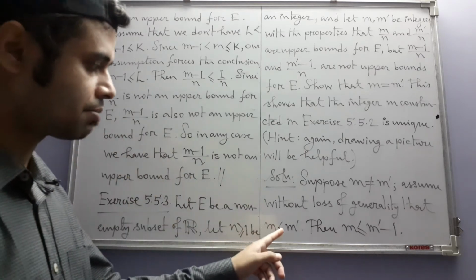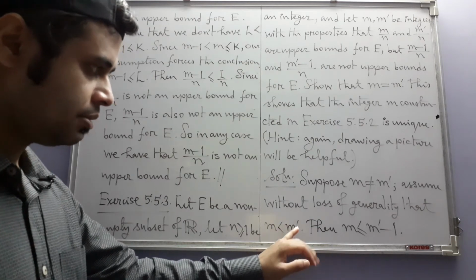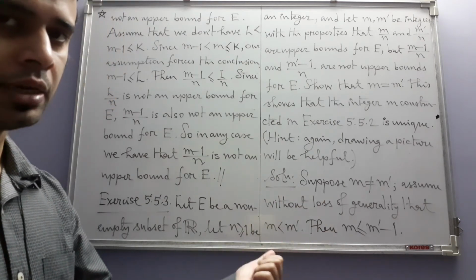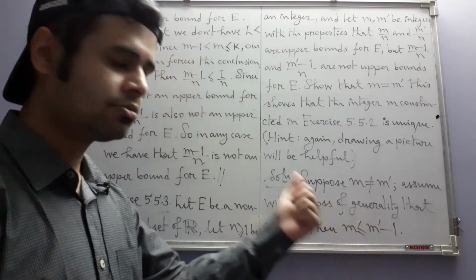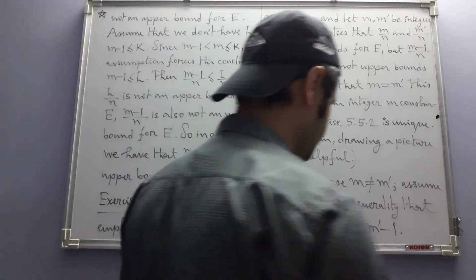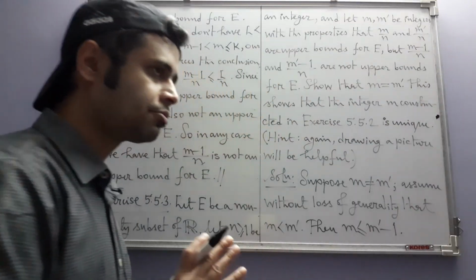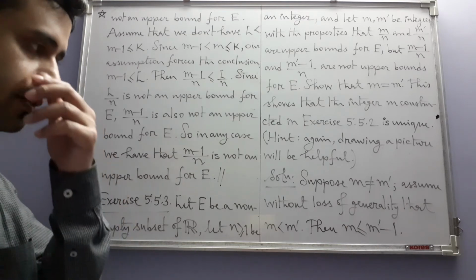So if we subtract 1 from M prime, that will be still greater than or equal to M. At most it will be equal to M, but it cannot be less than M. This is not true in general for real numbers, but for integers this is true. We have already seen this before.